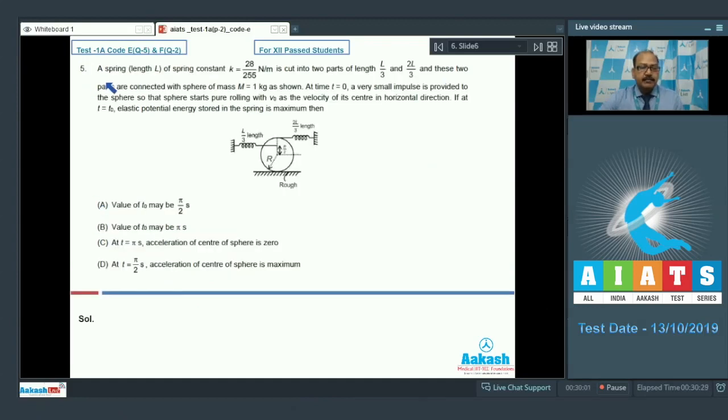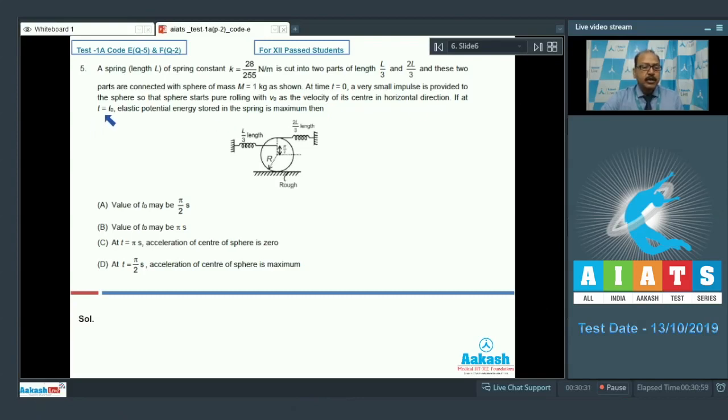Question 5 says a spring of length L and spring constant K equal to 28 upon 255 Newton per meter is cut into two parts of length L by 3 and 2L by 3, and these two parts are connected with a sphere of mass m equal to 1 kg as shown. At time t equal to 0, a very small impulse is provided to the sphere, so that the sphere starts pure rolling with v0 as the velocity of its center in the horizontal direction.